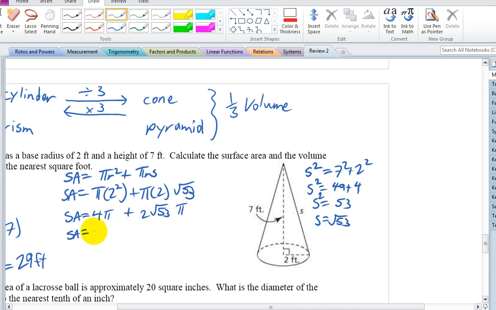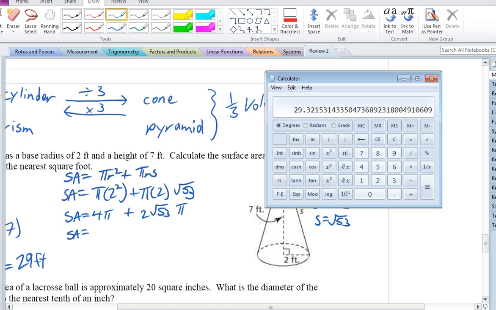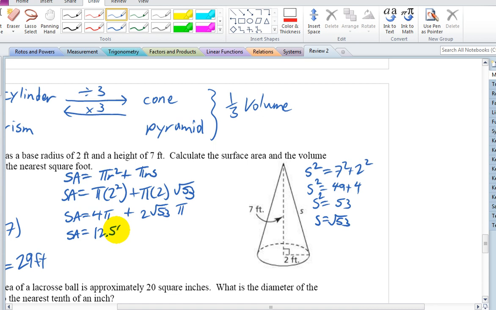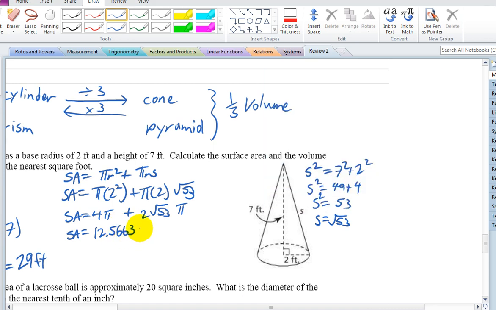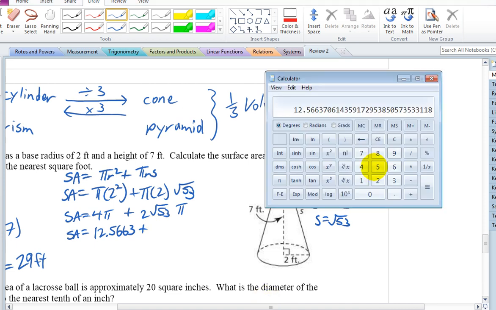So let's go to our decimals here. 4 times pi, 12.5663. I keep lots of decimals. And 2 times root 53 times pi. Keep lots of decimals. 45.7422.